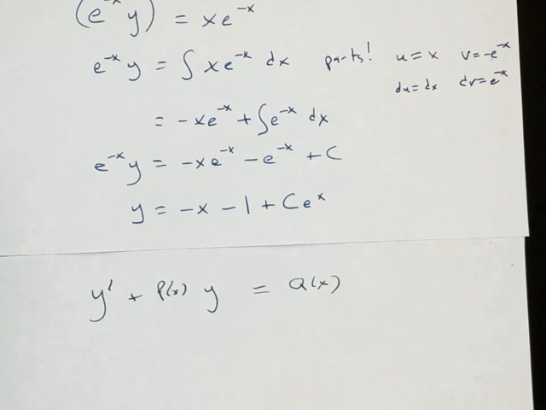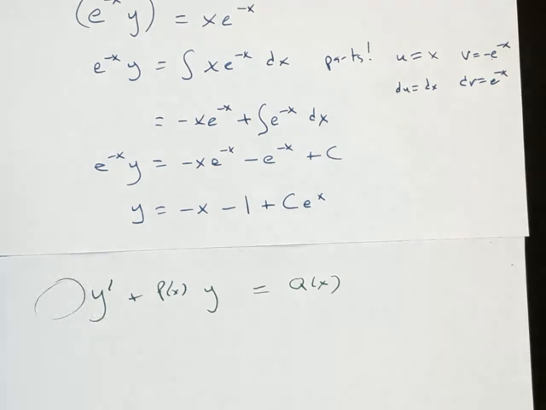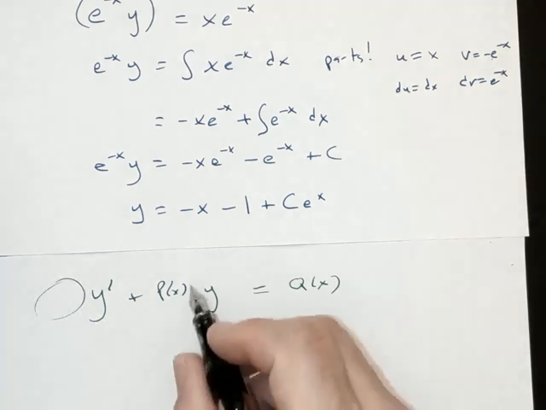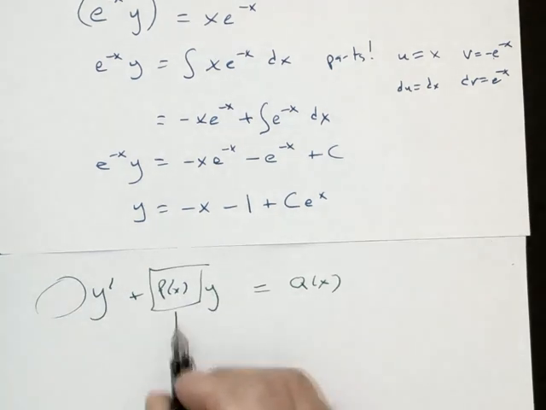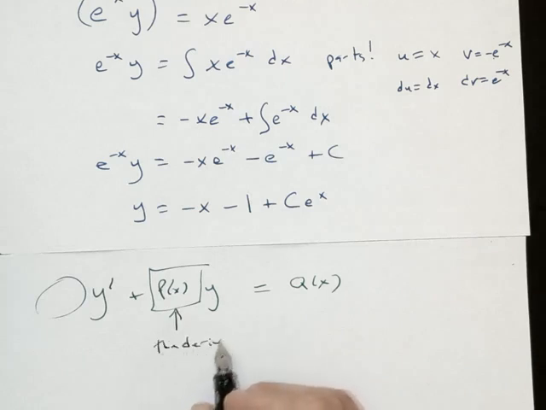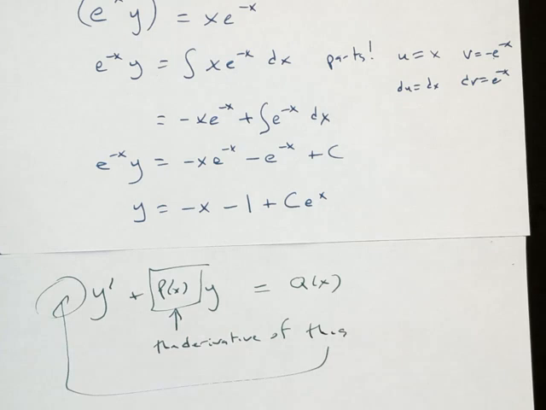I want to multiply by something over there on the left side, so that whatever I multiplied by here, when I multiply by the same thing here, this is the derivative of this.